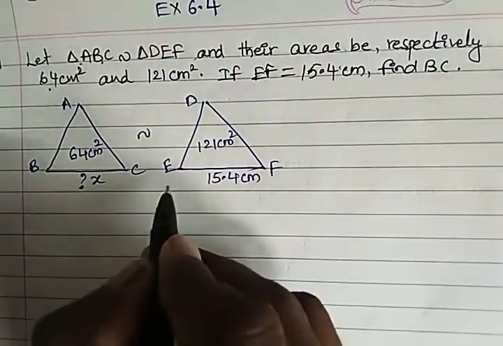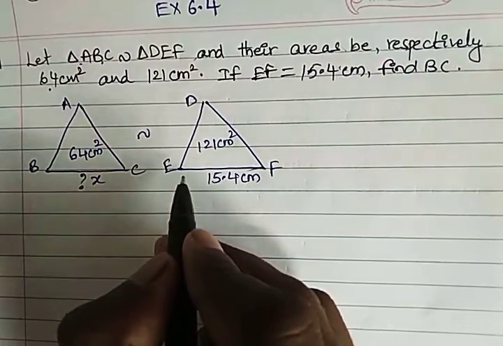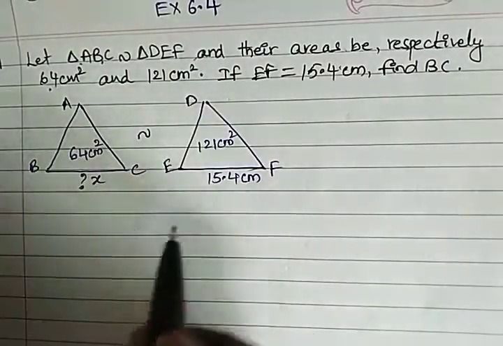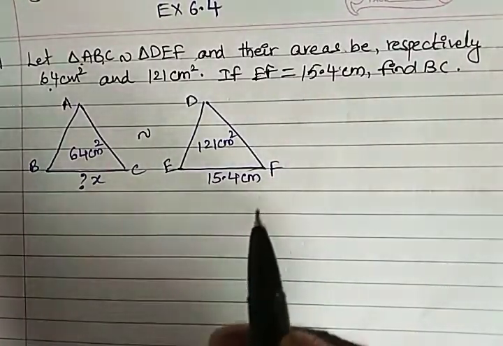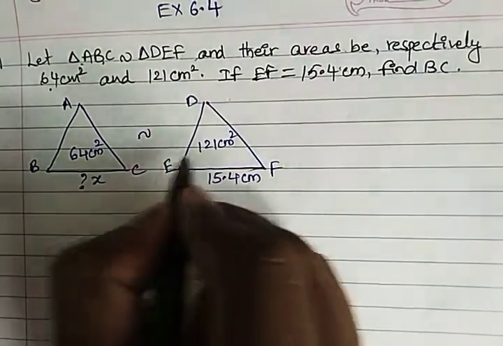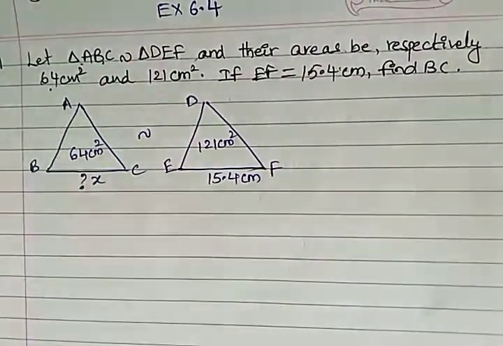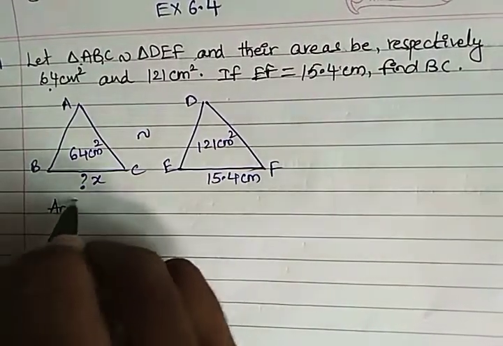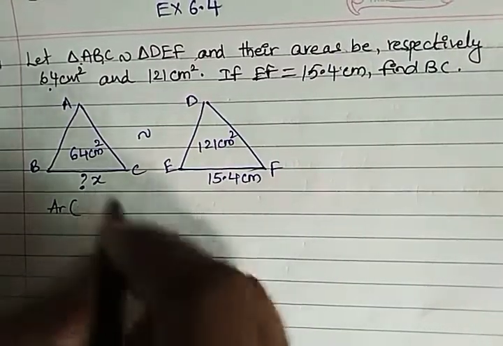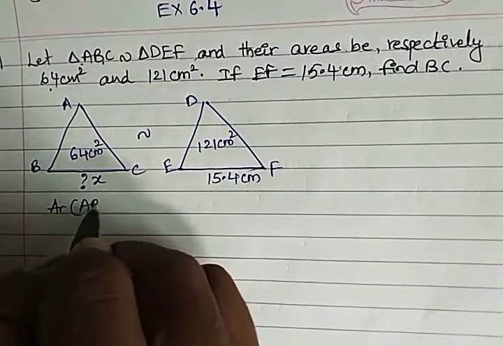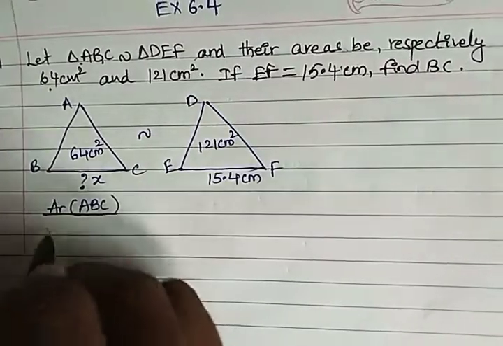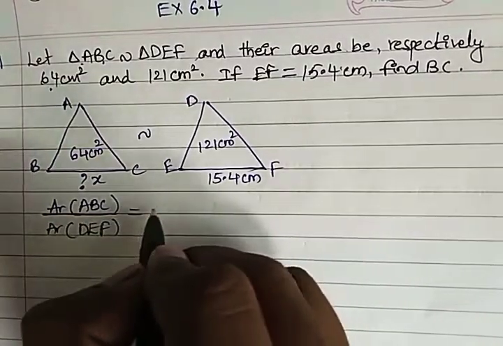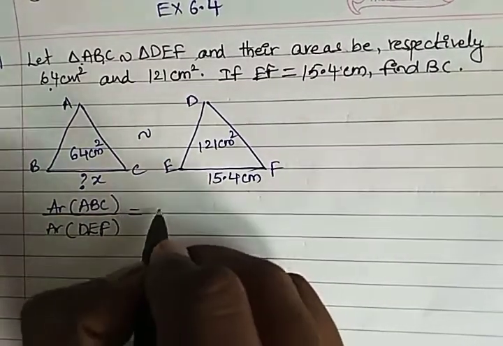Before we go to solve this question, let us remember once again. Let us revise the theorem statement of the areas related to similar triangles. If two triangles are similar, then what is the relation between the areas and the sides? The ratio of the area of triangle ABC to the area of triangle DEF is equal to the square of the ratio of their corresponding sides.